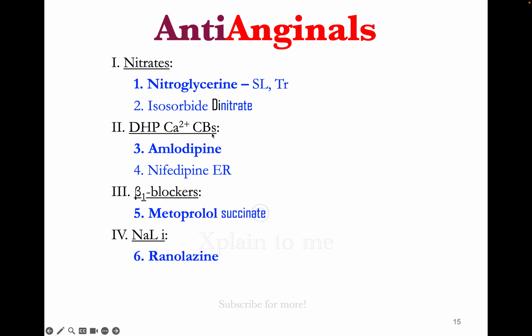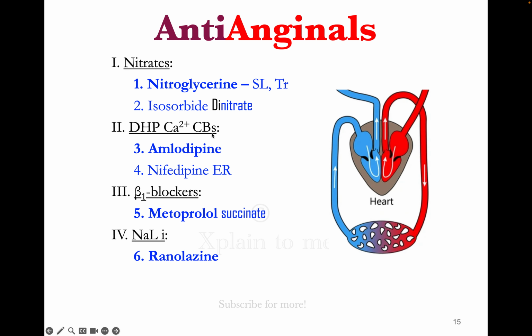Dihydropyridine calcium channel blockers specifically target the L-type voltage-gated calcium channels so that they can dilate blood vessels, specifically arteries, because arteries have more L-type calcium channels aggregated, therefore arterial smooth muscle dilation, very good.